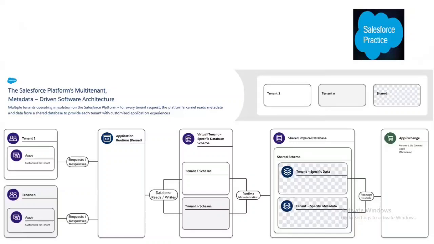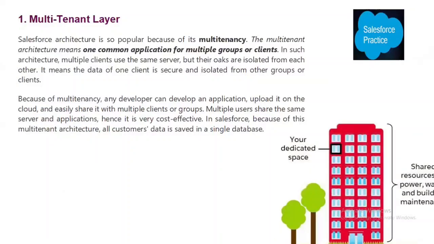Let's go into multi-tenant architecture first, and how the multi-tenant layer works. Salesforce architecture is so popular because of this multi-tenancy. Multi-tenant architecture means one common application for multiple groups or clients. Multiple clients use the same server, but their apps are isolated from each other.